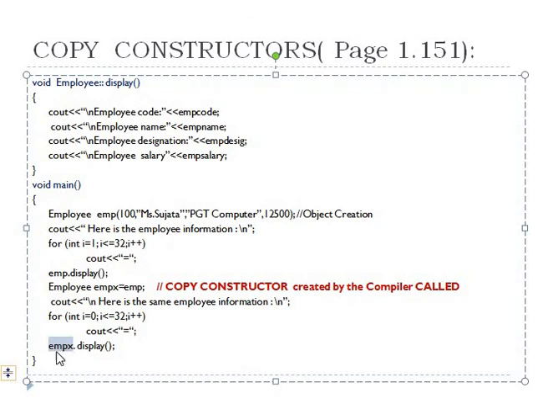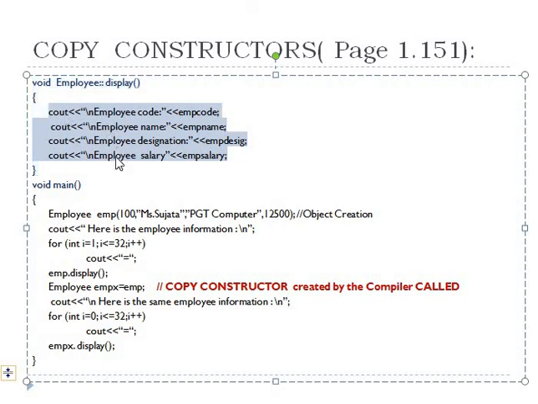Now, with the help of this new object empx, it's trying to invoke this member function display. Since this member function display has been specified in the public access specifier section, the access has been granted, and after that the control is going to shift from this calling function into this called function, and then it's going to execute the body inside this function.